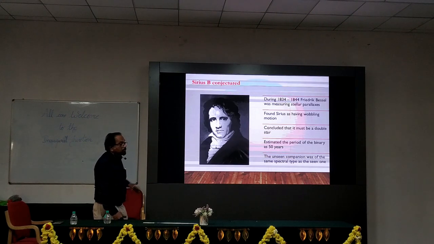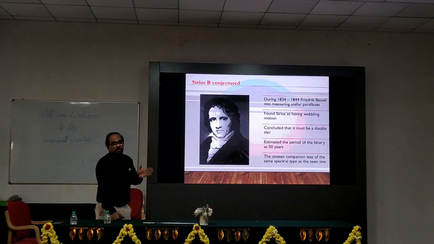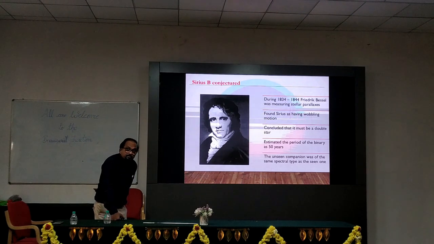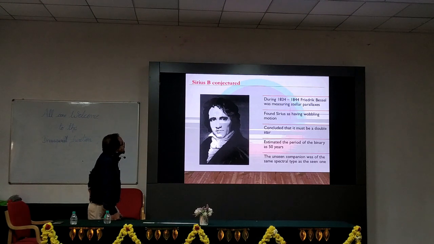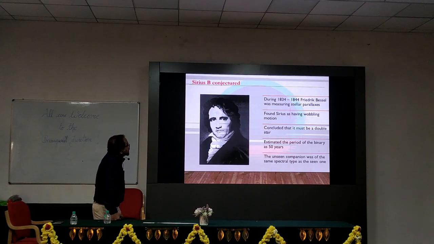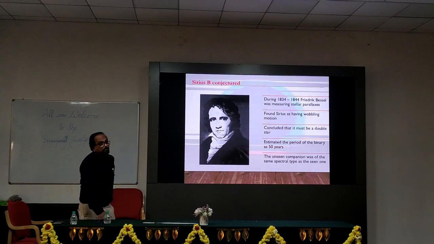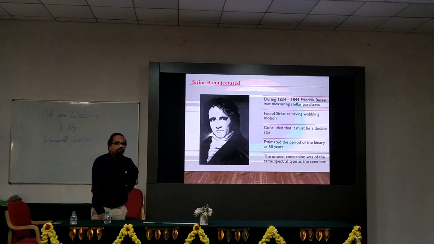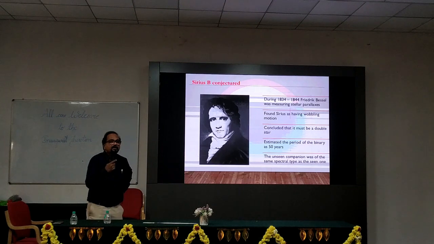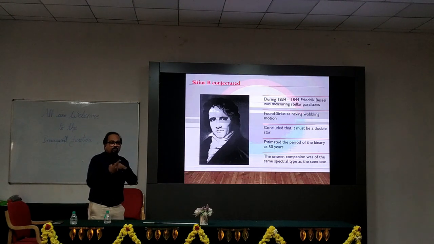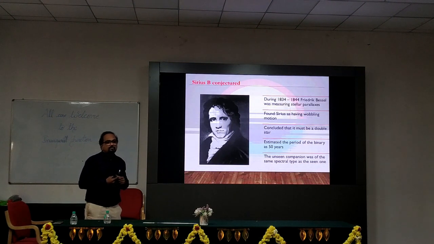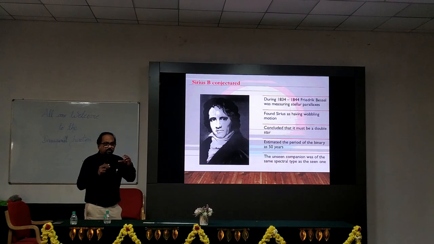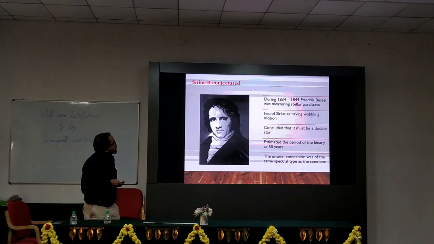Wobbling means the coordinates were not fixed but varying periodically. It was a puzzle at that time, and Bessel concluded that it must be a double star, with some faint companion which we are not seeing. If you have a companion, they will be orbiting around the center of mass. So if you don't see the faint one, the big one shows some small motion. That's what he was observing.